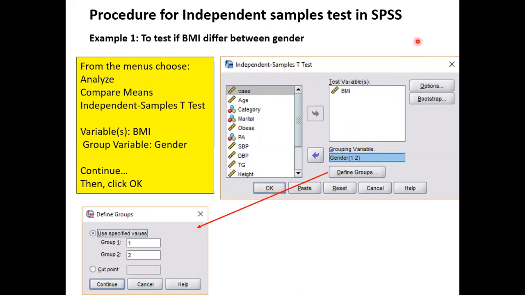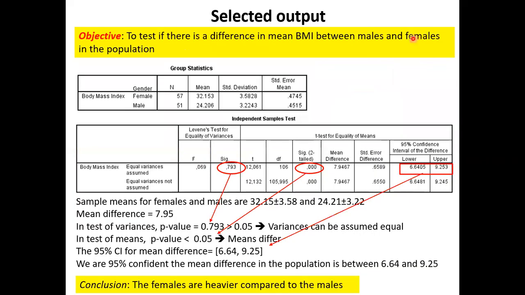The results. Okay, 2 tables. This is my objective. It gives you the summary for male and female, right? How many male, how many female, what are the means and standard deviation for each group. So there are 2 tests done here. Look at this part.